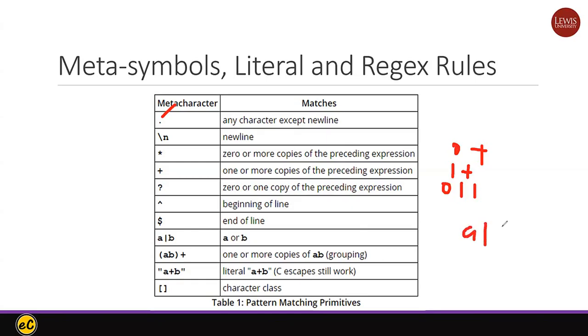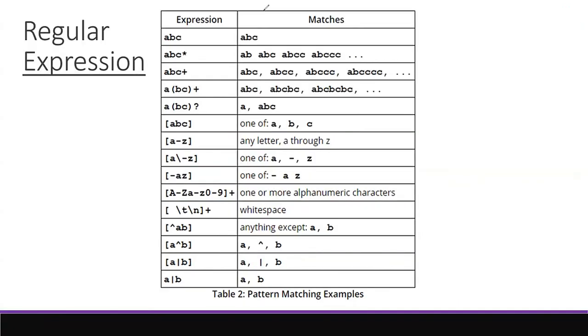A vertical bar B means A or B. (AB)+ means 1 or more AB patterns. "A+B" in double quotes is the literal A plus B. And then this one is a character set, one of these, bracket ABC. ABC star will be AB and then 0 C, or ABC, that's 1 C, or ABCC, that's 2 C, or more.